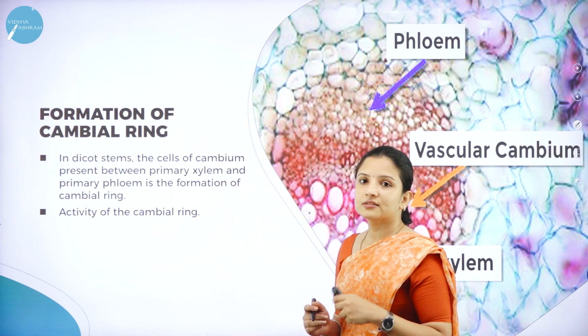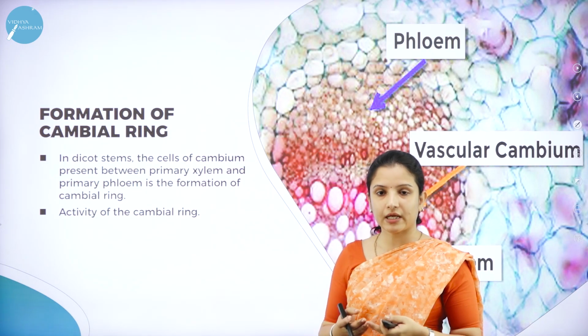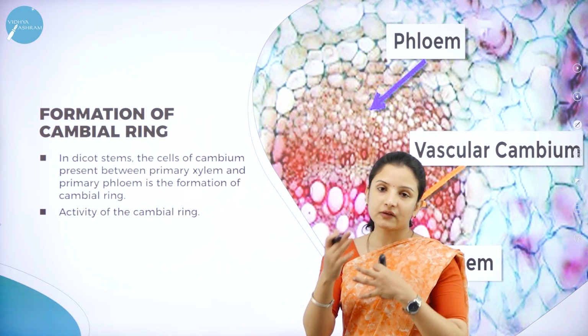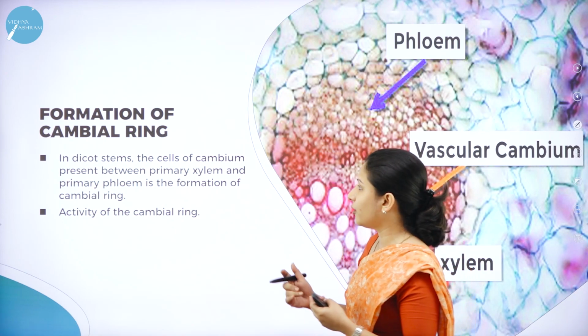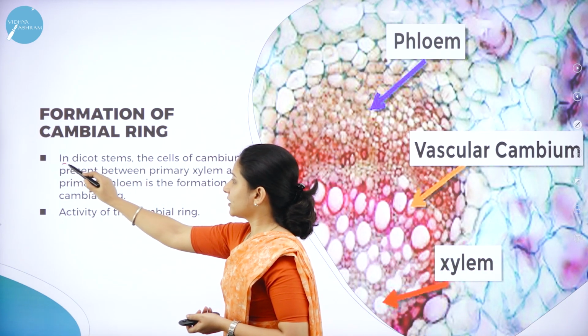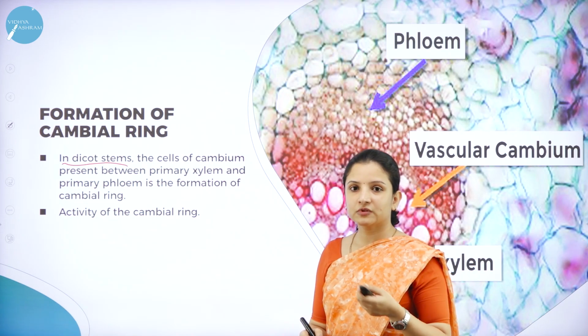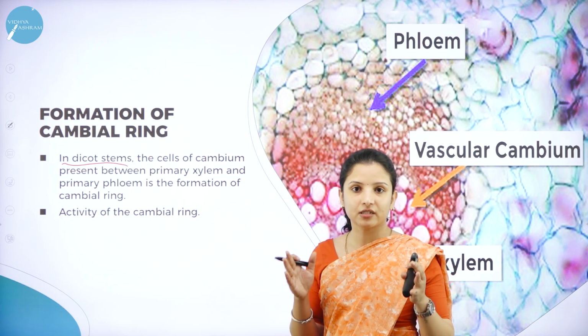So how does this particular cambial ring form? So far we learned that there is something called the vascular cambium that divides the phloem and the xylem. So how is this cambial ring formed? Usually the cambial ring is seen in dicot stems. And why is it seen in stems? Because stems usually increase in their size or girth, right?